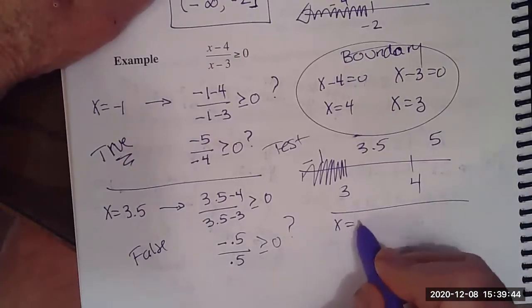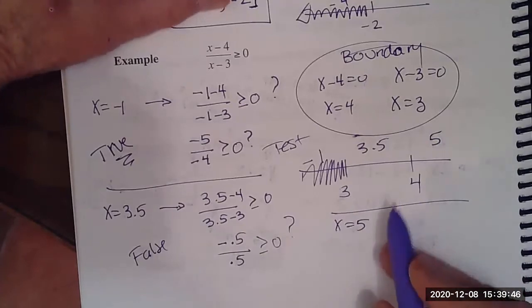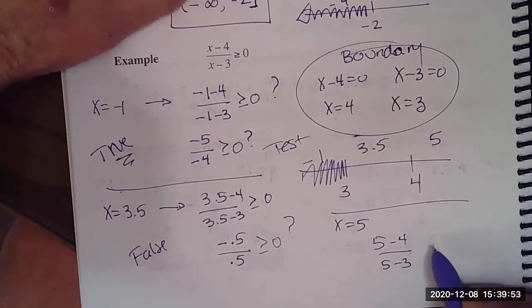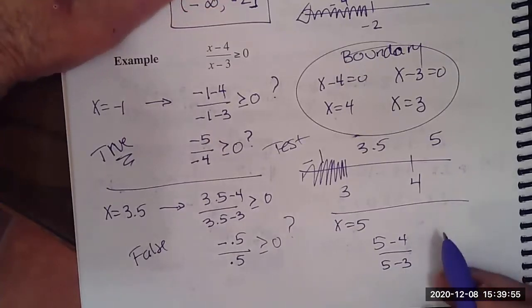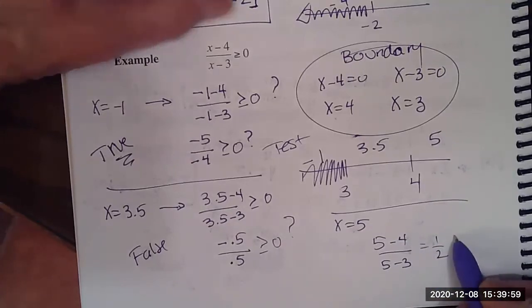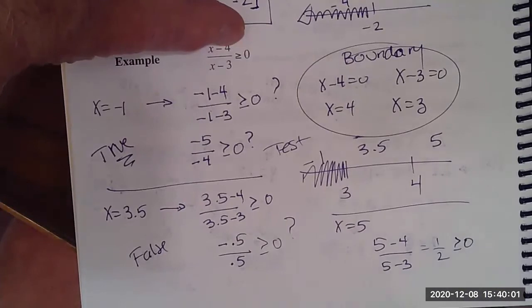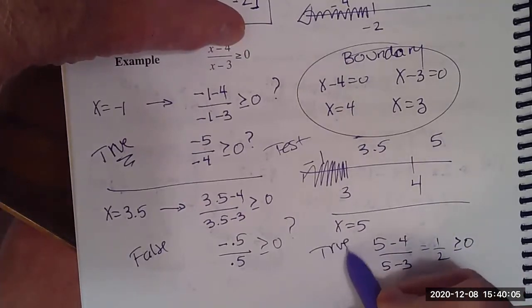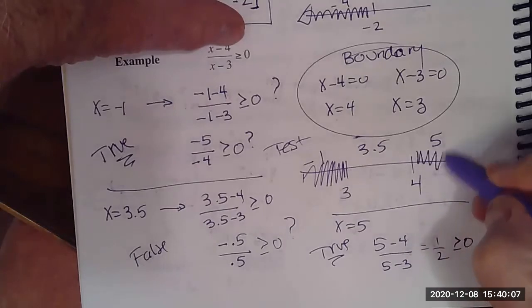How about x is equal to 5? And then you go 5 subtract 4 over 5 subtract 3. That's what, 1 over 2? And the question is, is that greater than or equal to 0? And it is. That's true. So this is true. So squiggle, squiggle.